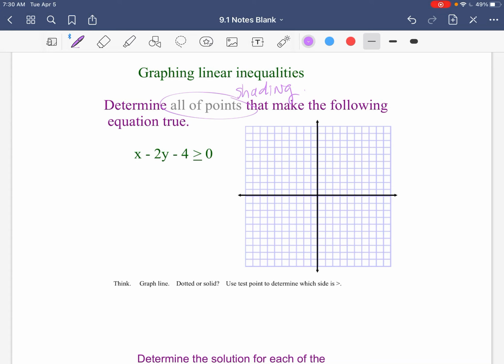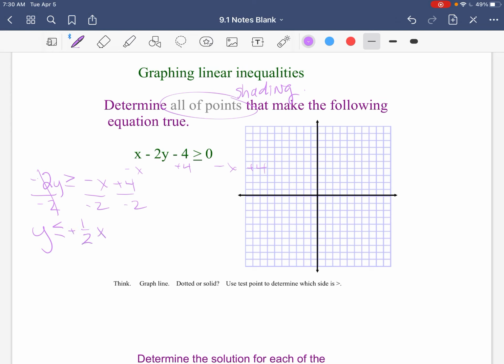So rearranging our equation, we're going to graph it. So I'm going to subtract x and add 4. Negative 2y is greater than or equal to negative x plus 4. We're going to divide every term by negative 2. And because we're dividing by a negative, our inequality symbol is going to switch directions.